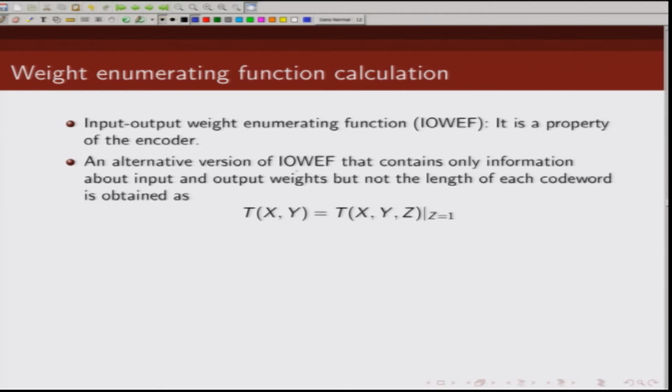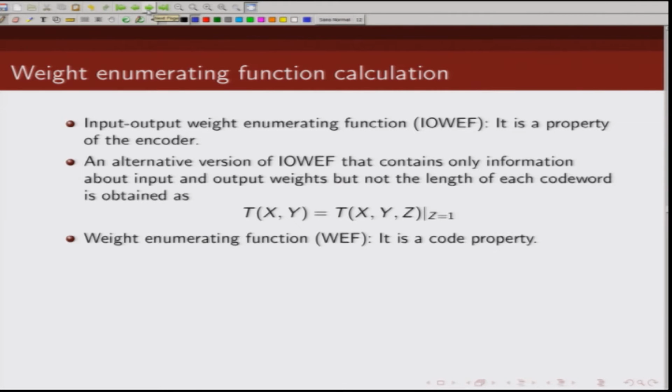An alternative version of this input output weight enumerating function is one that contains only information about the input and output weight and not the length of each code word. So, if we put z equal to 1, it gives us an alternative version of the input output weight enumerating function.